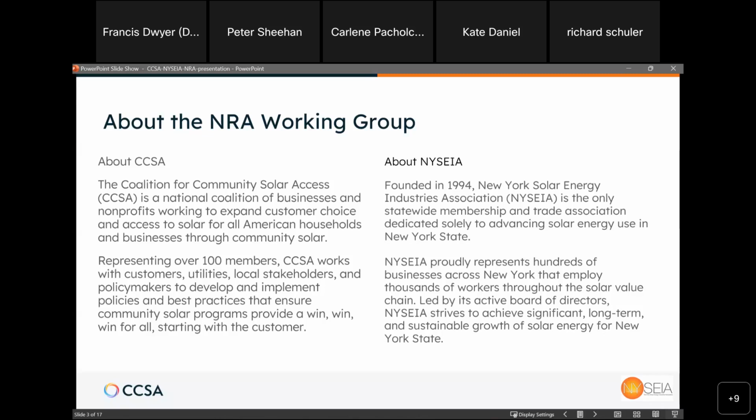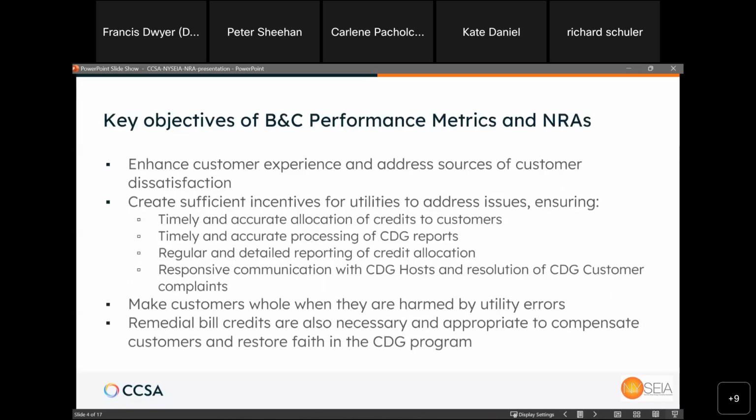We've been meeting for months to gain understanding of the common issues across projects and providers, and identify the real priorities driving these discussions, and create a proposal that is meaningful and effective. That's driven by coming up with key objectives to developing performance metrics and resulting negative revenue adjustments.